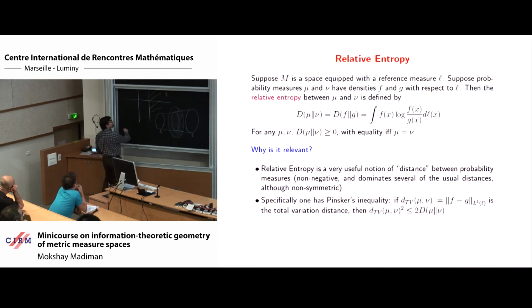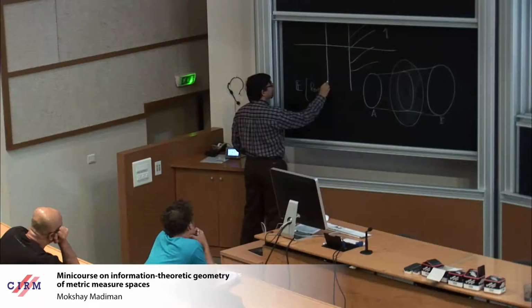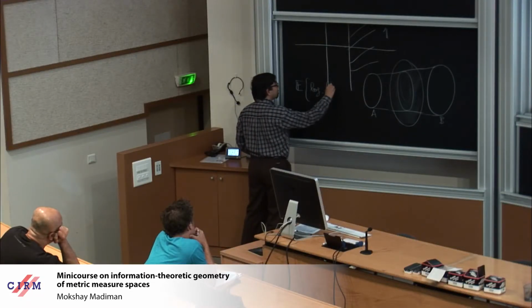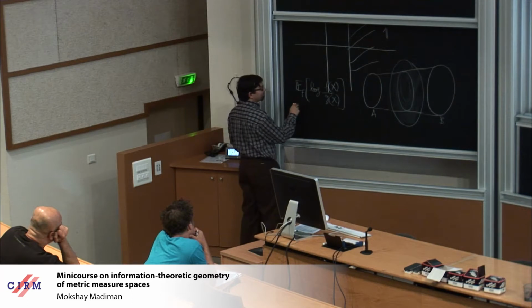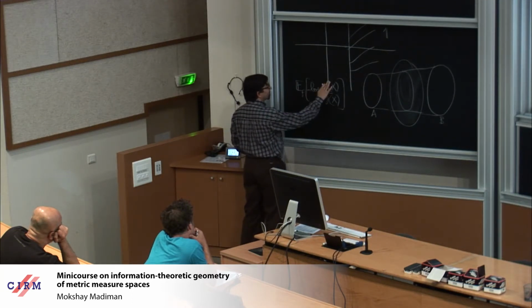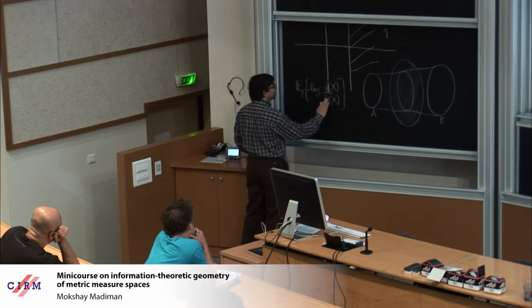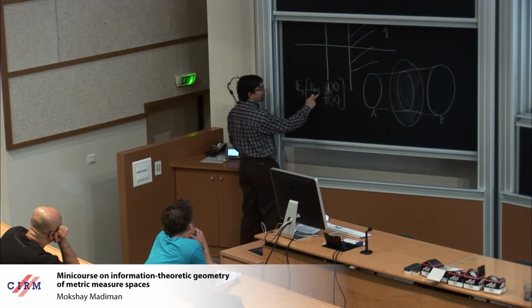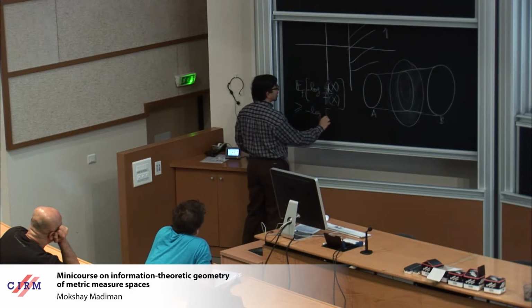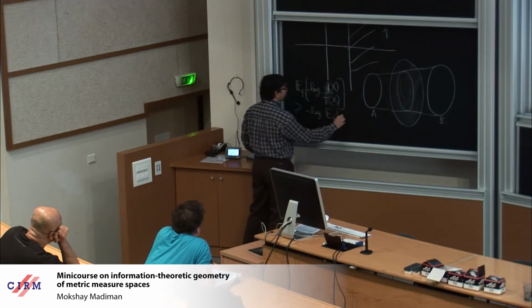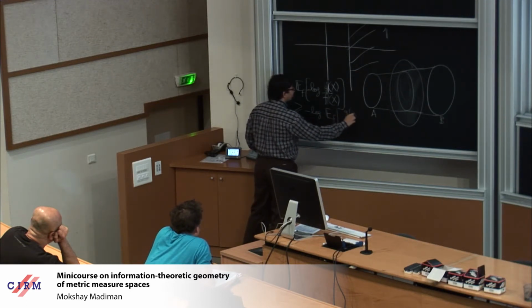You can write that as the expected value of log f over g, where the expected value is taken using the density f. This is the same as the expected value of minus log g over f. But minus log is a convex function, so this is greater than or equal to minus log of the expected value of g over f.